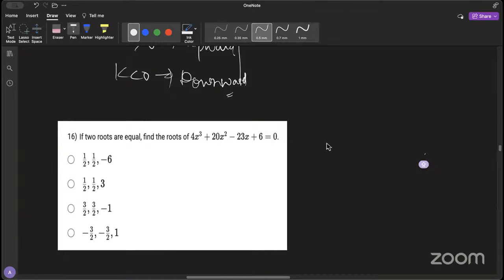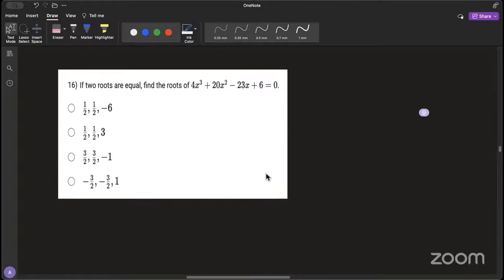One way is to substitute. And let's say you're not given the options, then you'll have to do this. We want to do this without this information.